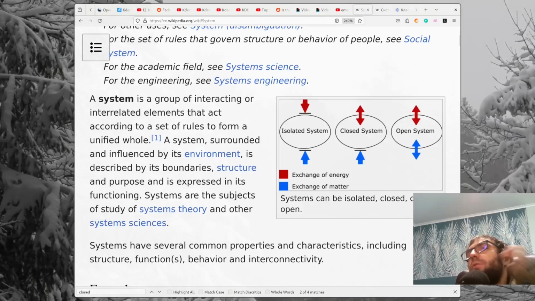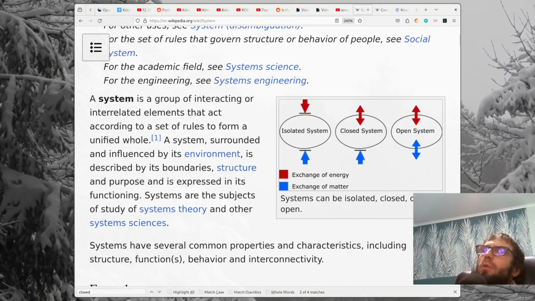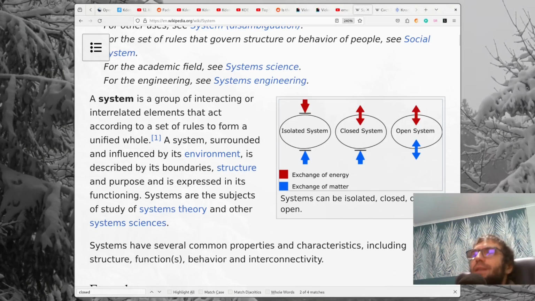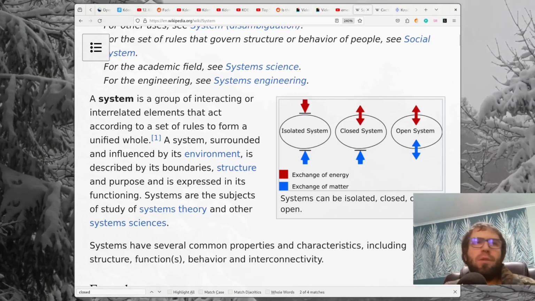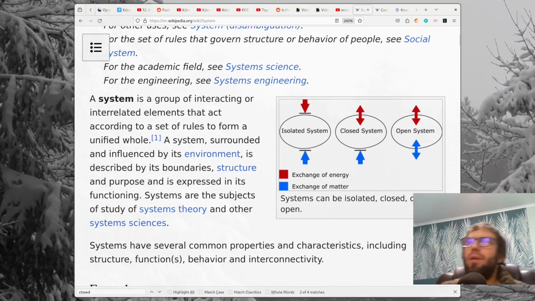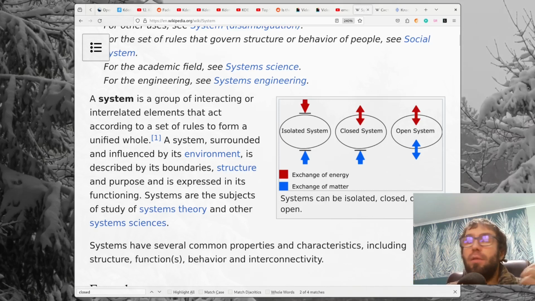If such an object exists, nobody can know about it, because you can't find it in any way, since there is no exchange of matter, energy, and information. How can you find it? It is absolutely unattainable if you are outside the system. If you are inside it, okay, you can communicate with it. If you are outside, there is no possible way to do this. And this is an isolated system.